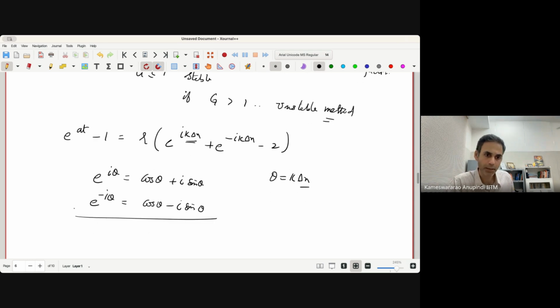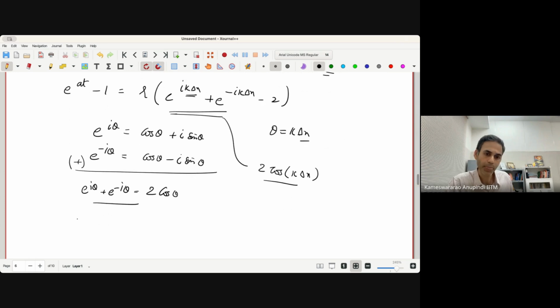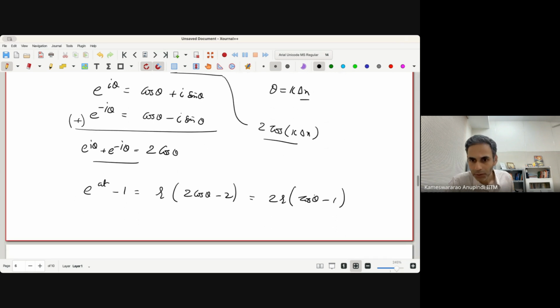If we add these up, e to the power i theta plus e to the power minus i theta is 2 times cos theta. That means e to the power a t minus 1 equals r times 2 cos theta minus 2, that is 2r times cos theta minus 1.